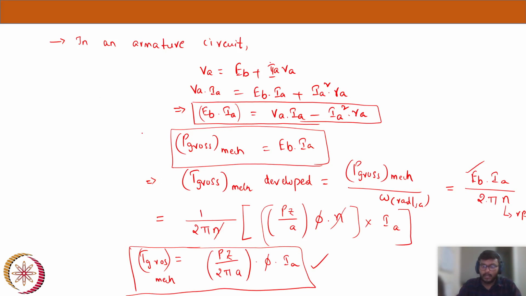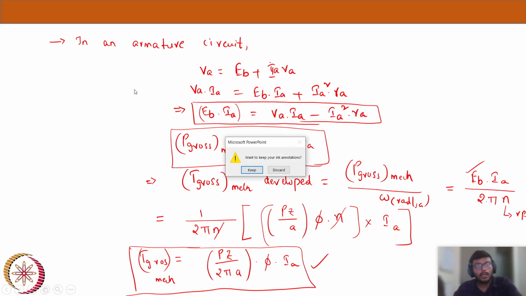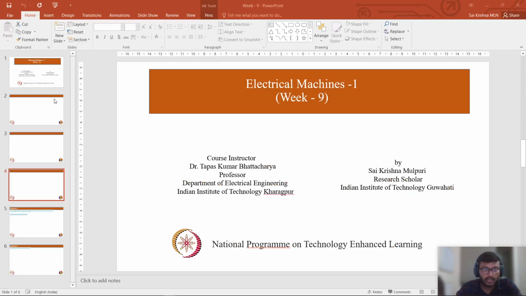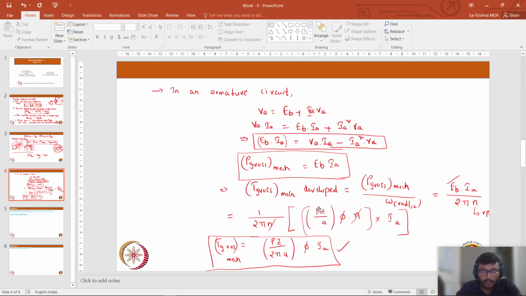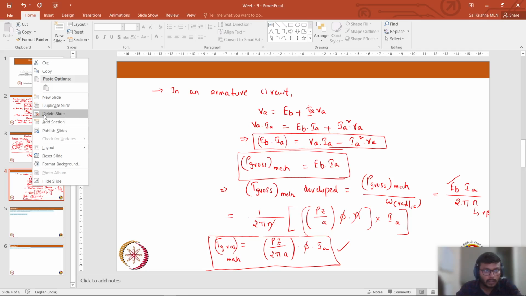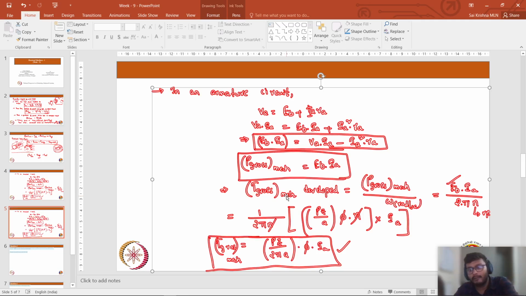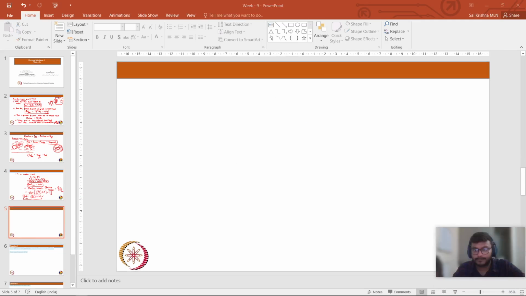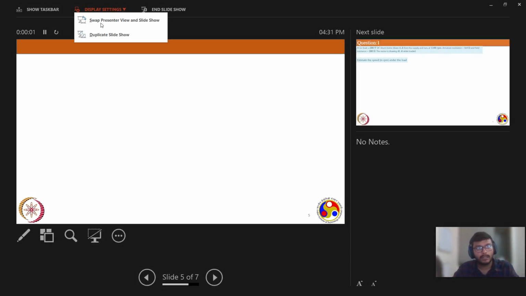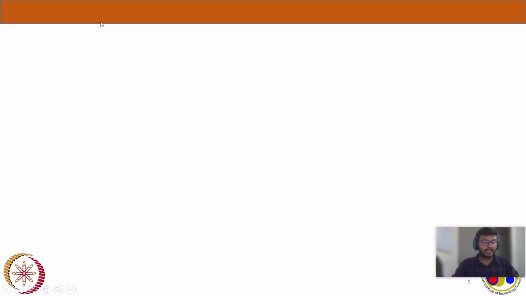As a summary of these power flow diagrams, I just want to give you a pictorial representation of the total power flow. Whatever we discussed, I will put it in a picture. Then it will be easy for you to understand the losses in a motor.